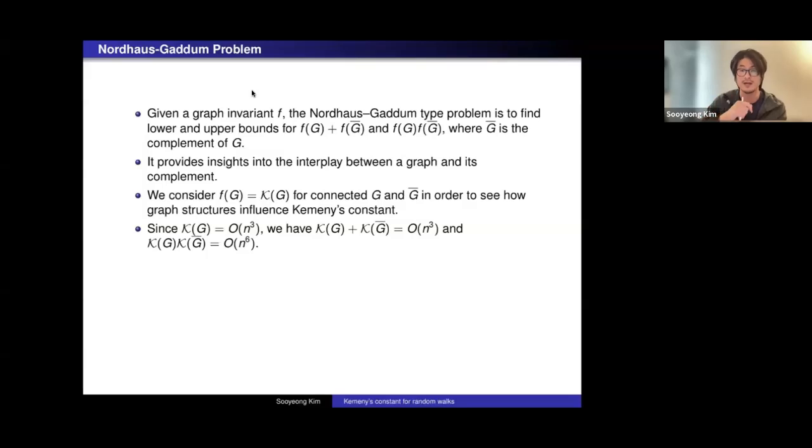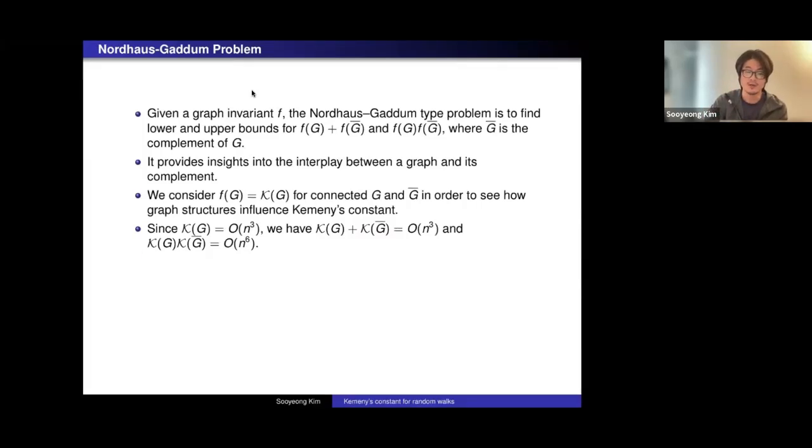So this is the underlying assumption for the Nordhaus-Gaddum problem. So the maximum order of the sum of two Kemeny's constants is n cubed. So this would not be that interesting, right? It's an obvious upper bound, and we can find a family of graphs attaining this maximum upper bound, which is the barbell type graph.